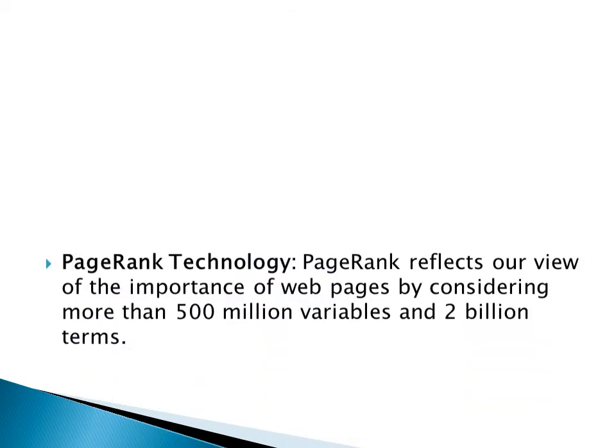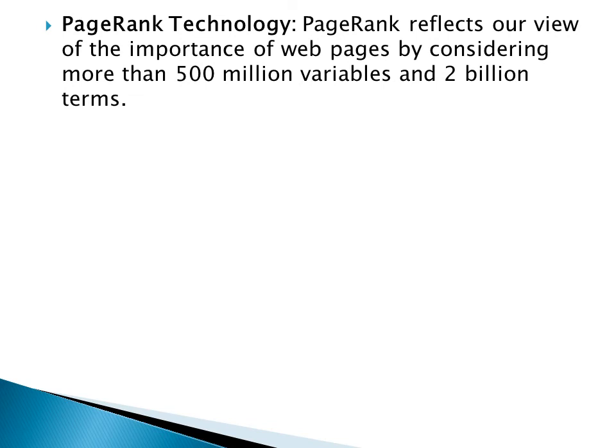Google's algorithm is called PageRank Technology. It's kind of a play on the word page. If you don't know, Google's founders are Sergey Brin and Larry Page. They were PhD students at Stanford University, and they developed this ranking algorithm. Here's what they say about their PageRank technology.